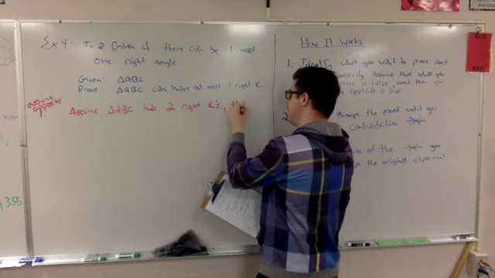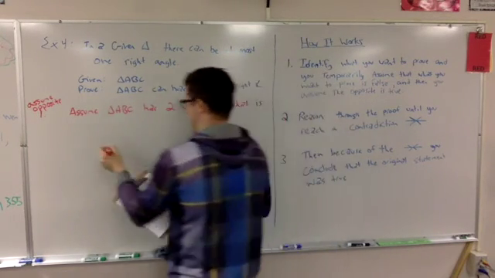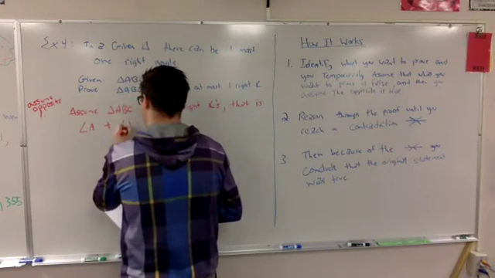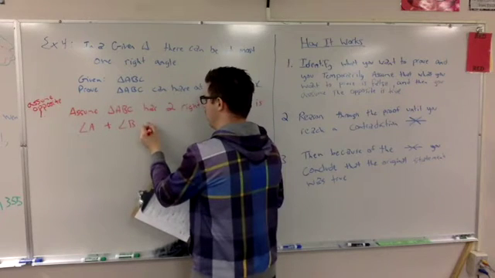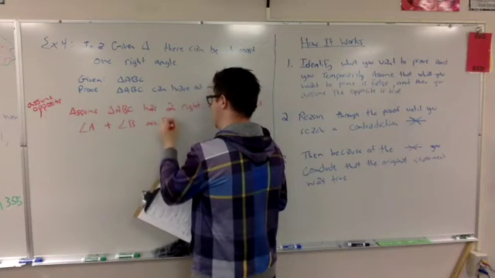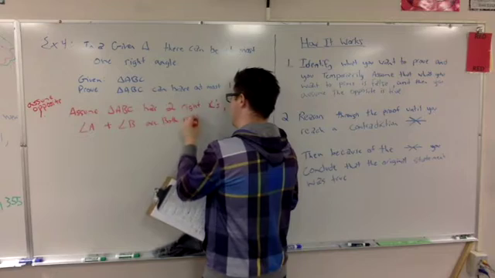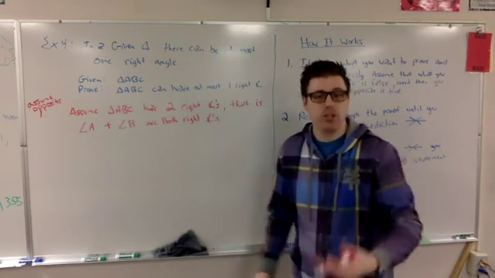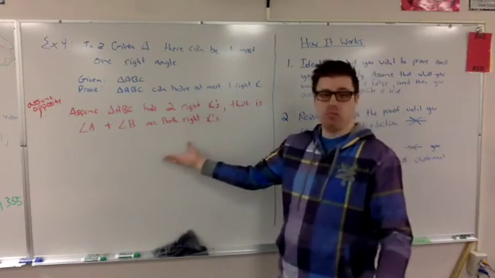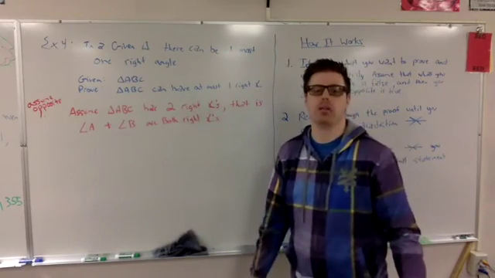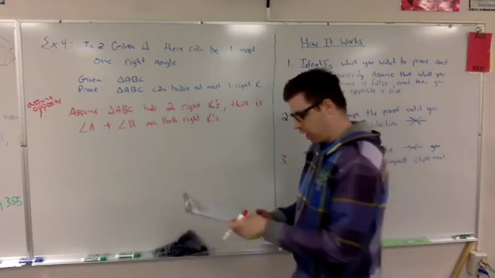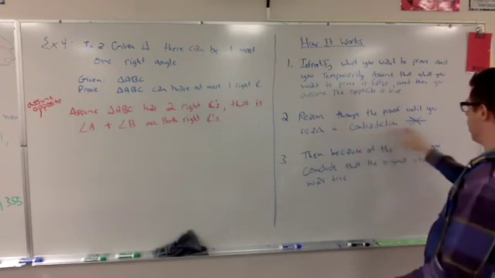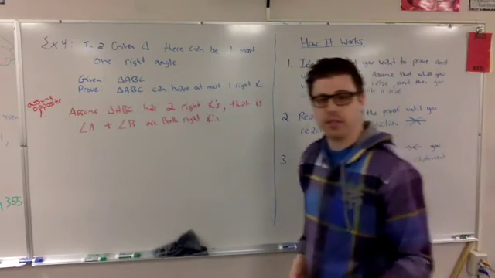That is, maybe angle A and angle B are both right angles. Okay, so we assume the opposite. We assume that there were two. This triangle has two right angles in it. Okay, now what do we do next? It says, reason through the proof until you reach a contradiction. All right, let's do that.